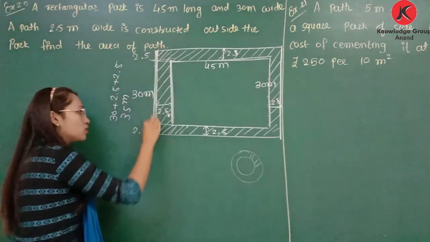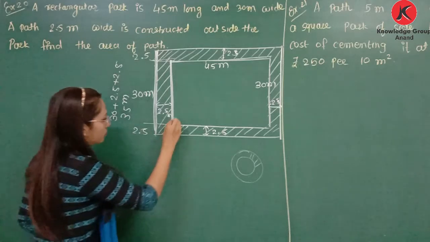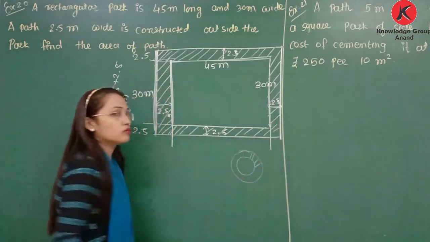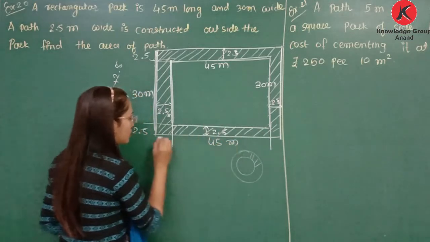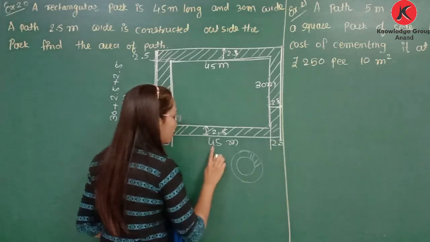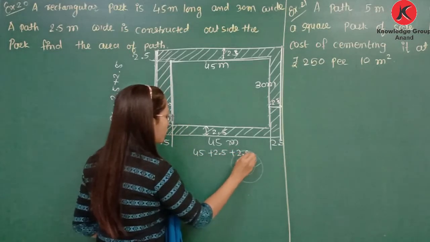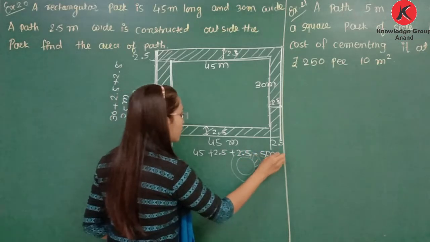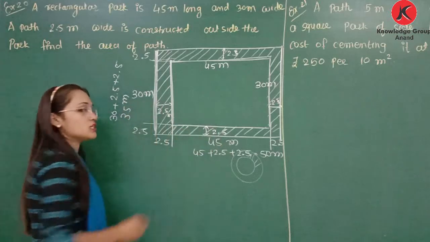So we get the breadth of this outer rectangle. Now this length. What is this length? It is 45. This length is 2.5 and this is also 2.5. So 45 plus 2.5 plus 2.5, that is 50 meter. Now we get the length, length is 50 meter and breadth is 35.